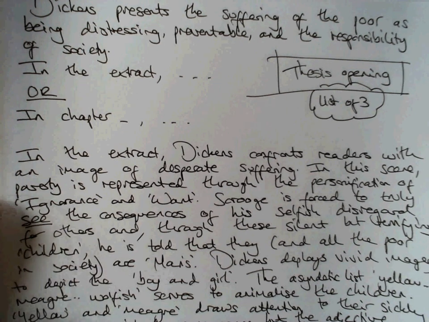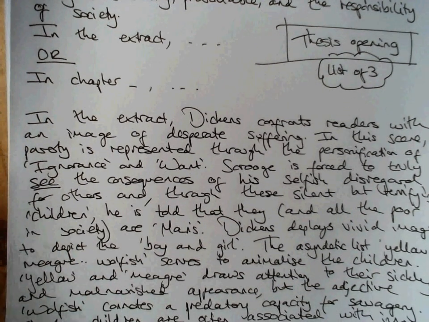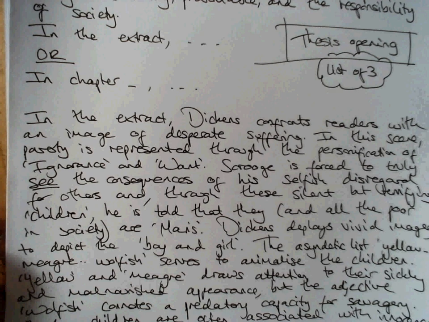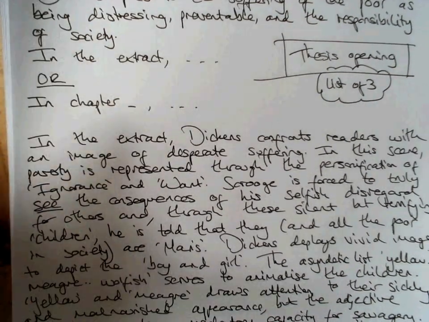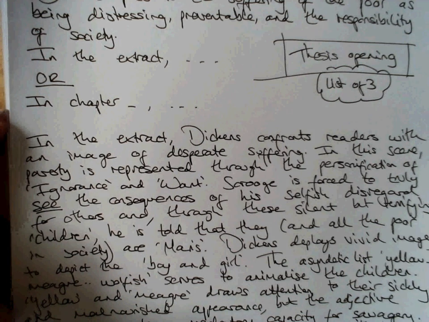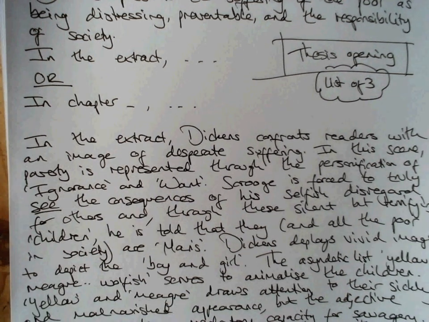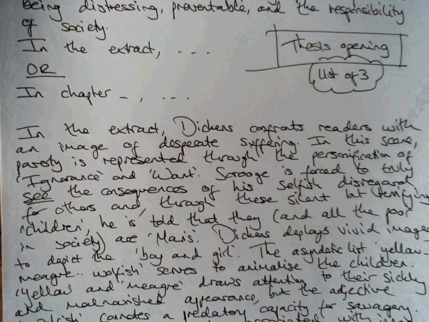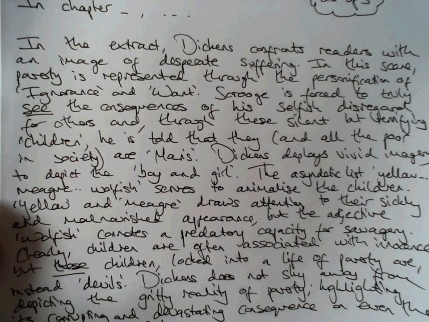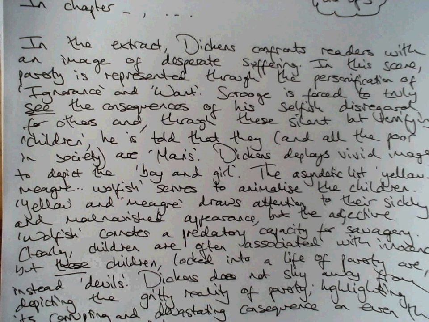This is a good extract and you've got it in front of you, so why wouldn't you? But you could start after that little thesis with one of these two openings, so in the extract, blah, blah, blah, or you could focus on another area of the novel and start with, in chapter 1, in chapter 2. My example here is, I'm going to focus on the extract.